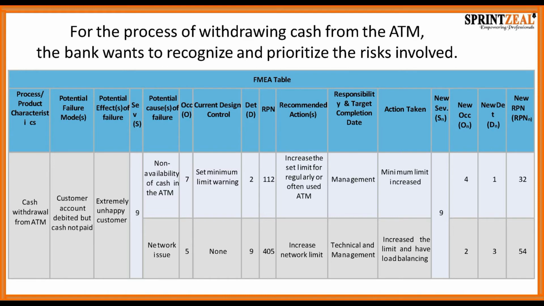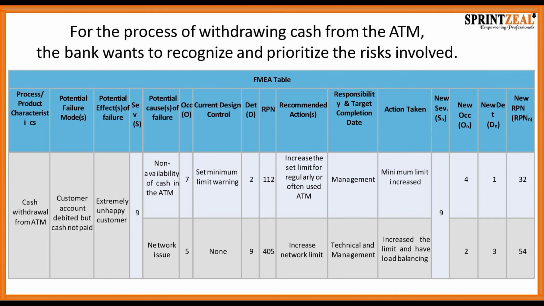Now occurrences moved a little bit. It could increase our occurrences with non-cash availability. But if you notice, it almost completely decreased for the network issue. It went from a 9 to a 2. Detectability went down for both of them. So now detectability in terms of the non-availability of cash is almost non-existent, which means we can detect it almost 100% of the time because it's a 1.